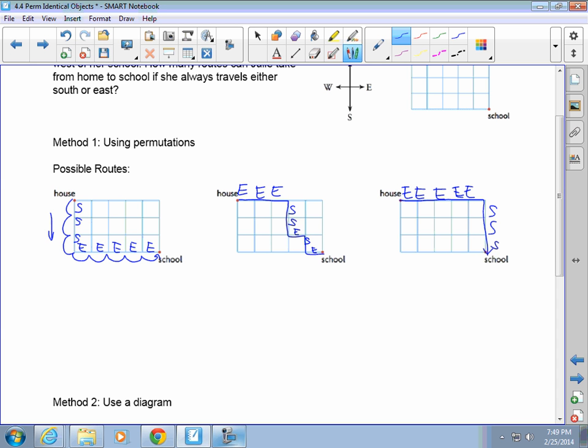So all of her options, and we've only listed 3, are going to be permutations of 8 letters. We're always going to have 5 E's and 3 S's.